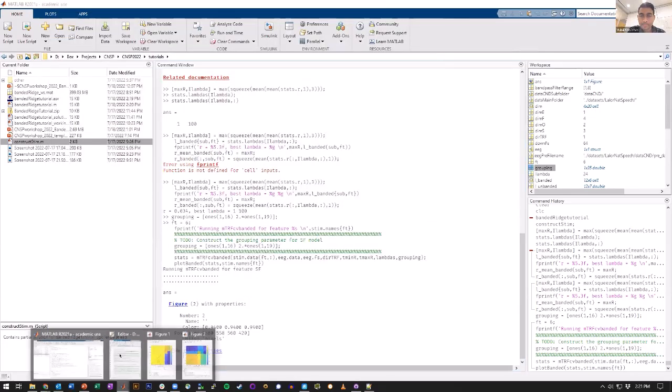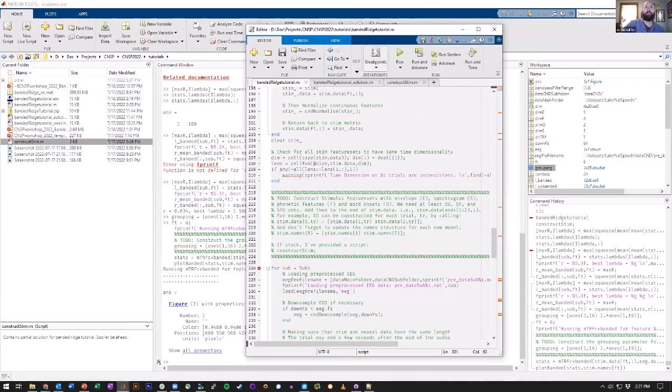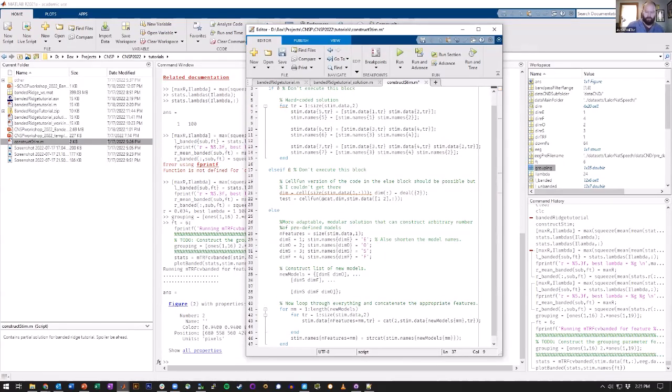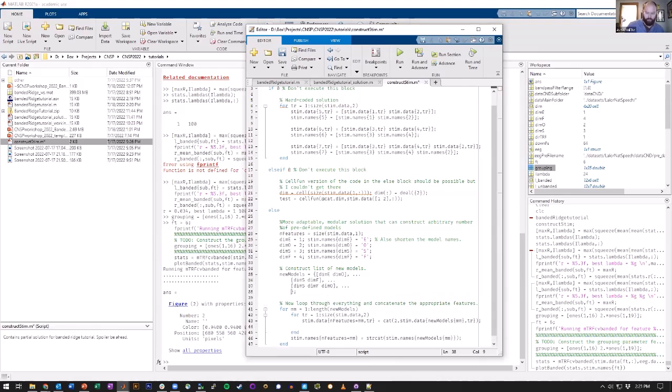So the first thing that you would have to do is to construct the appropriate models. So if I wanted a different model, I might want something like this, where I include all 4 features together.